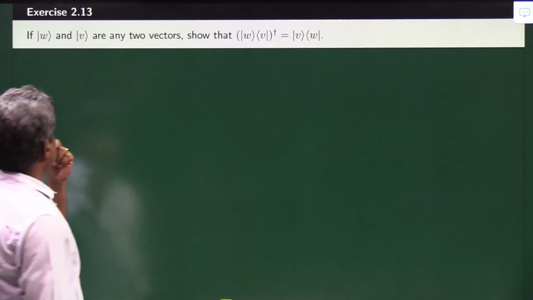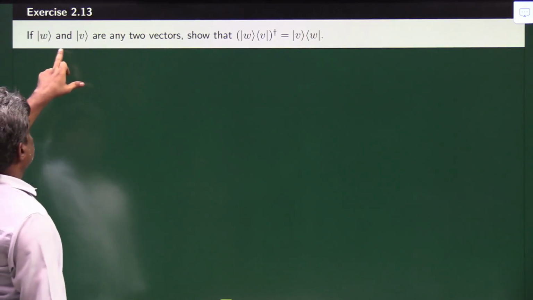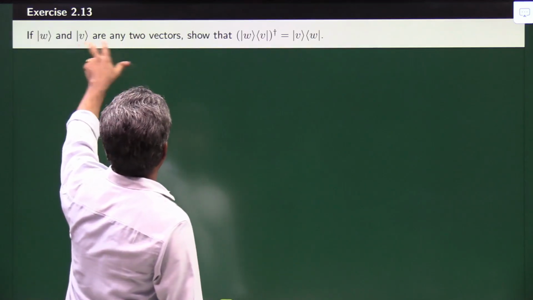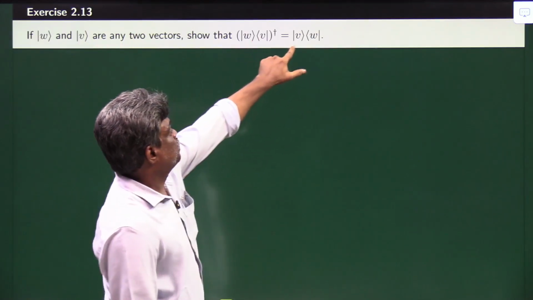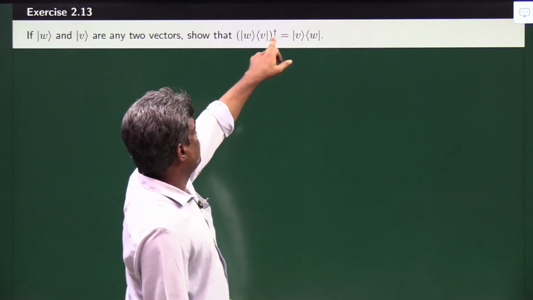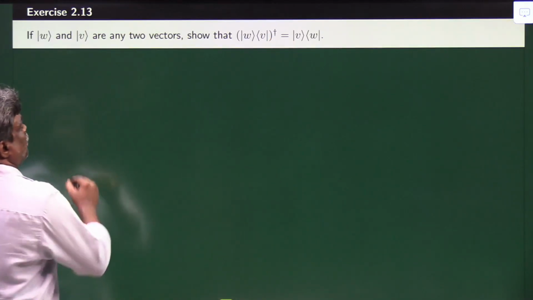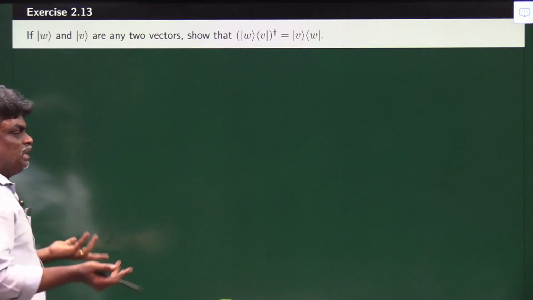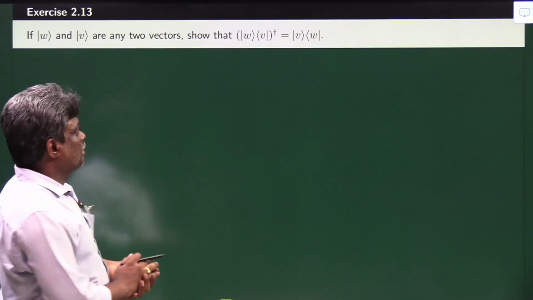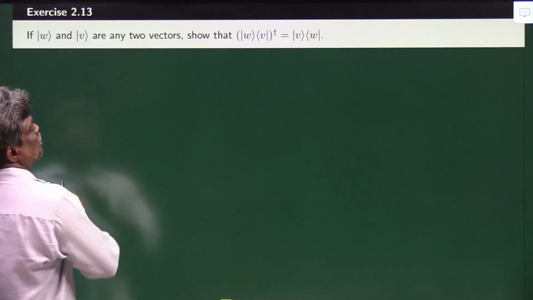So this is the next question. They are asking, for any two vectors, show that this one, we have to show this Hermitian conjugate. Okay, so this we can do easily by using Dirac notation.